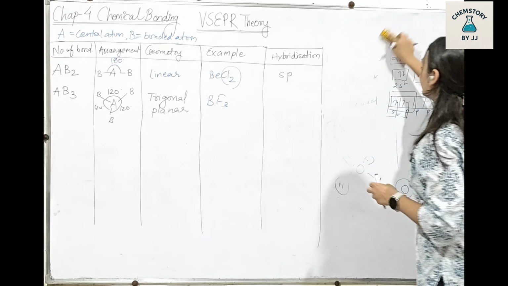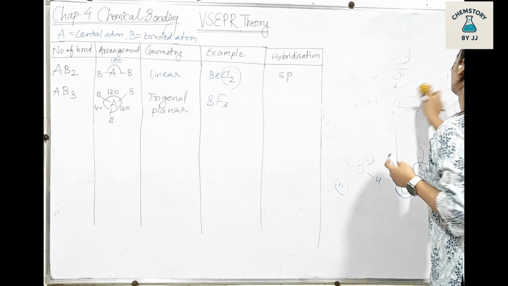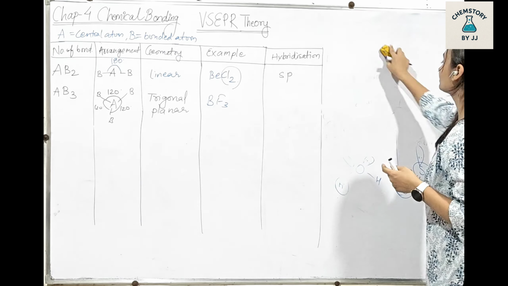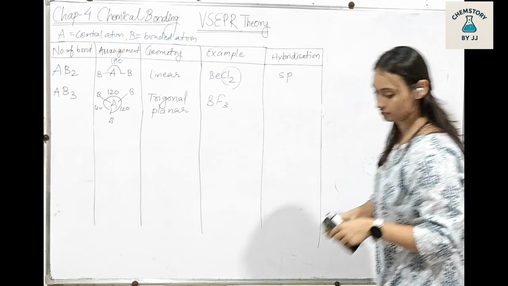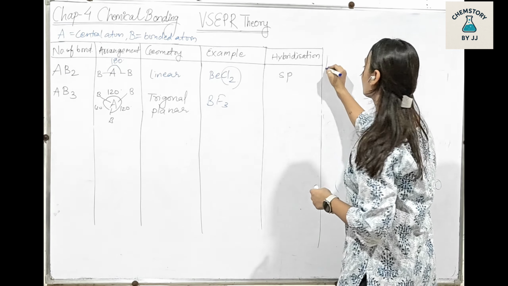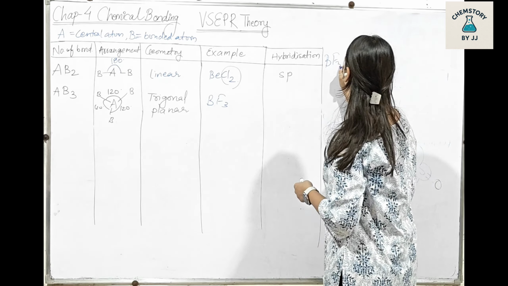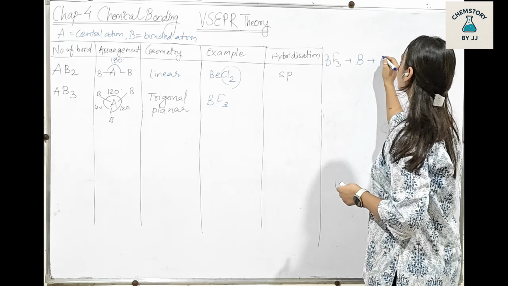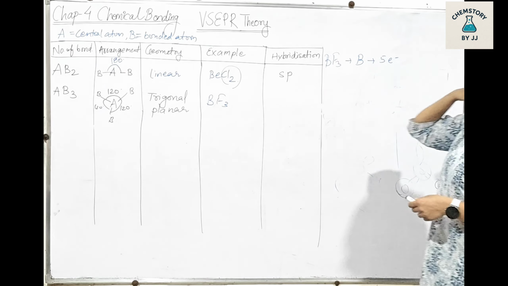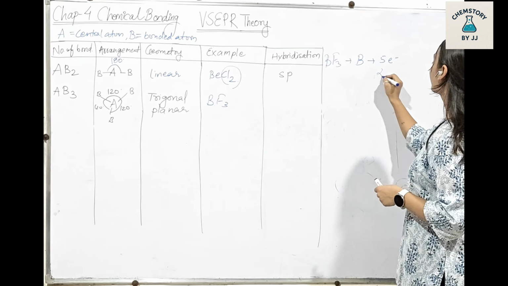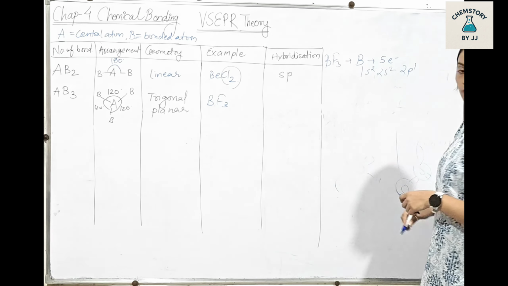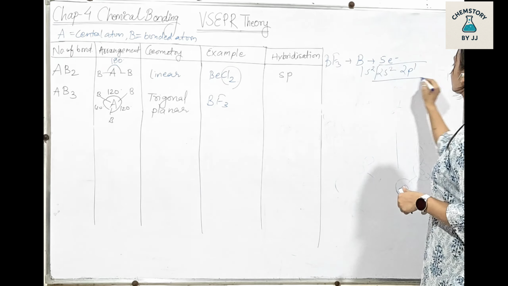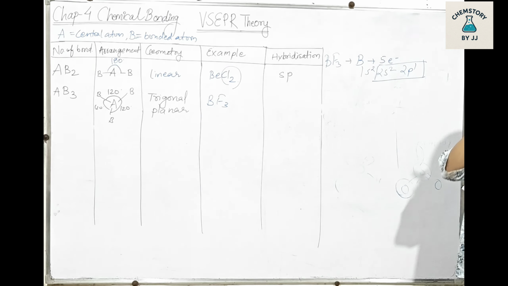Now, for the hybridization, what we are going to do? Obviously, we are going to take boron, and we are going to do the same thing. I hope that you are going to do it by yourself. For BF3, we are going to take boron, which has 5 electrons, and it will be divided into 1s2, 2s2, 2p, right? Valence electrons are these. These are the valence shell electrons.